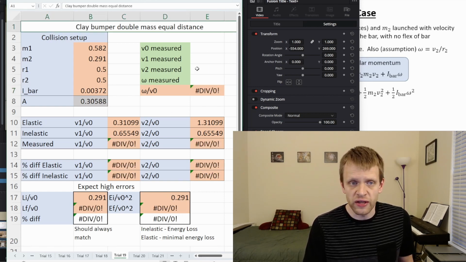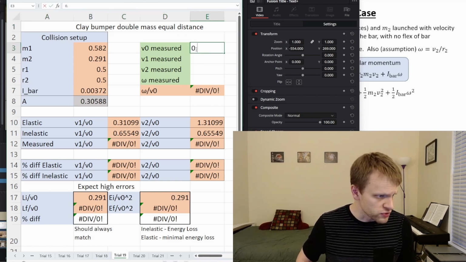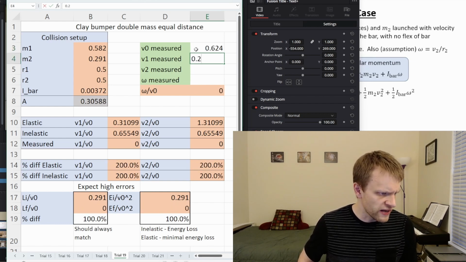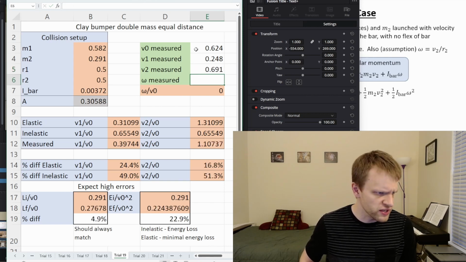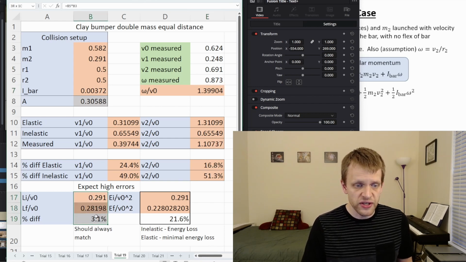When we change to the clay bumpers, this is trial number 19. The initial velocity in the x direction was 0.624 meters per second. Cart 1 after is 0.248, and cart 2 after is 0.691 meters per second. Angular velocity of 0.873. A couple of these were 0.873. And notice in this case, we still have a match with the angular velocities.